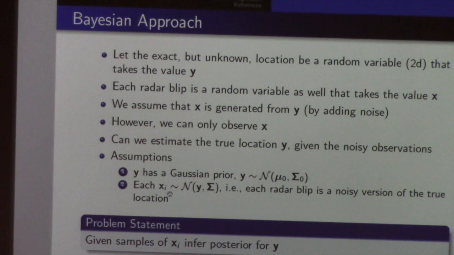That is the forward process. Now our job is, given some x_i's, x1, x2, x3, some locations, to infer the posterior. We already know the prior for y, that y is centered here with some covariance matrix. Now we want to refine it by taking some noisy observations.